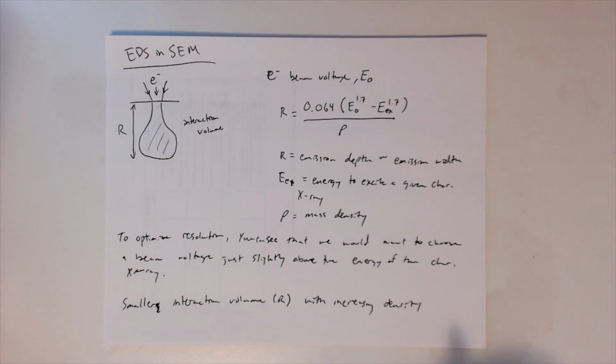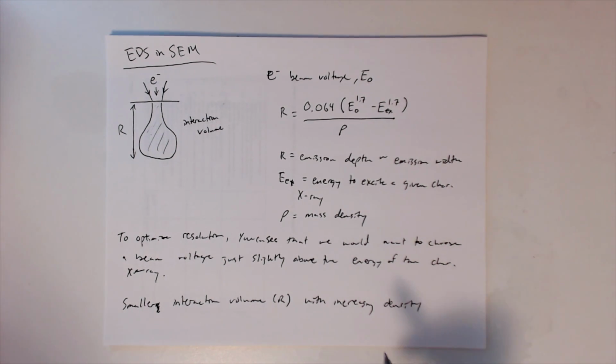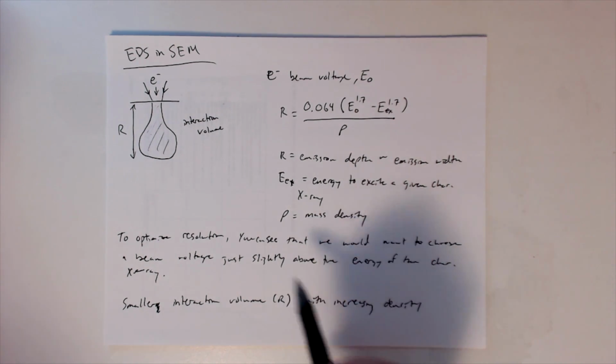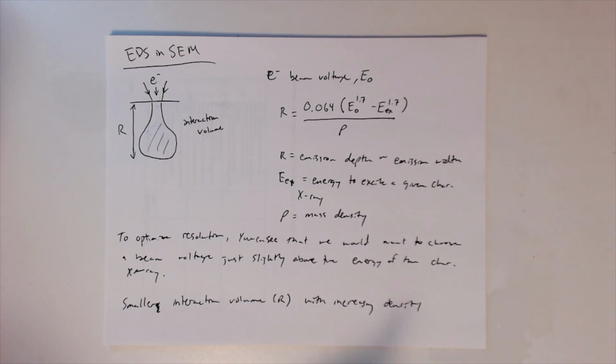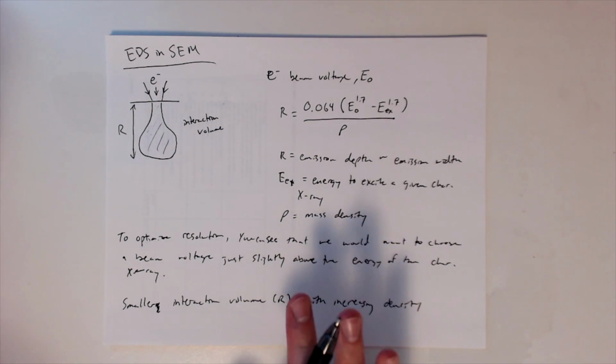If we're comparing different materials, a more dense material compared to a less dense one gives a smaller interaction volume. So that's another issue. The resolution of SEM, which we'll talk about in the next section, is going to be tied to the microanalysis we can do, how small we can make this. We still need to talk about the resolution.